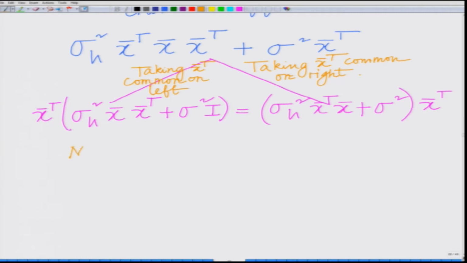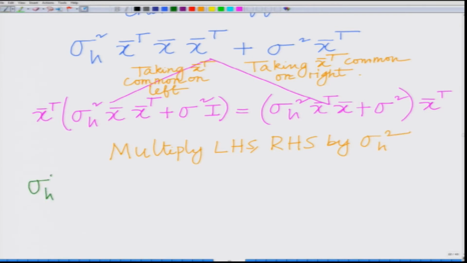First multiply LHS and RHS by sigma h square.